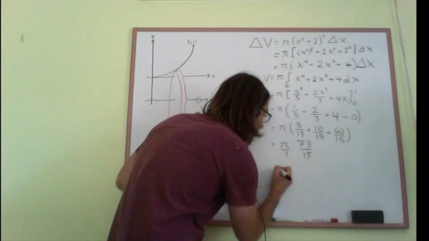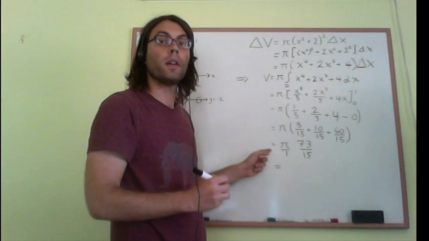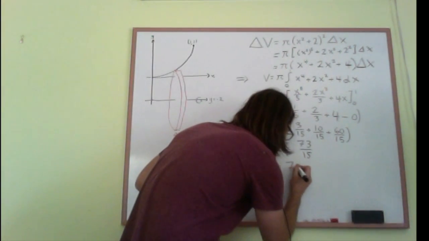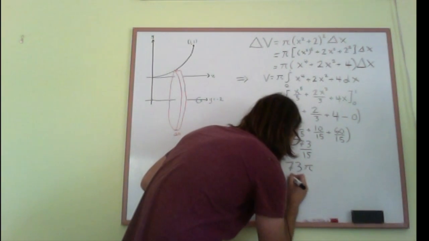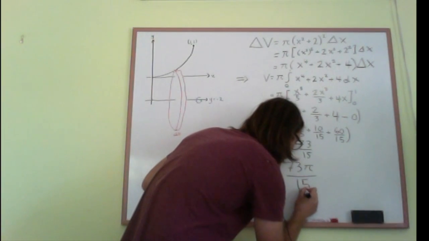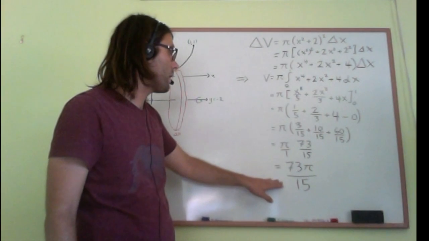And this multiplies to 73 pi over 15. All right, and that is our final answer.